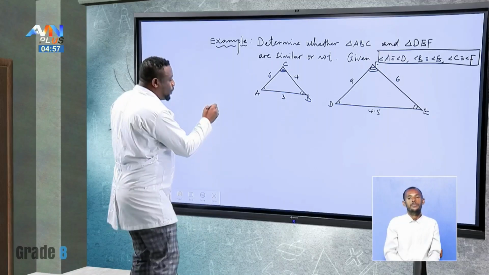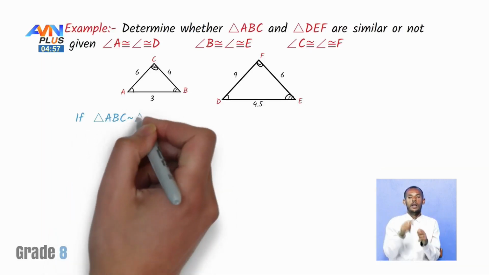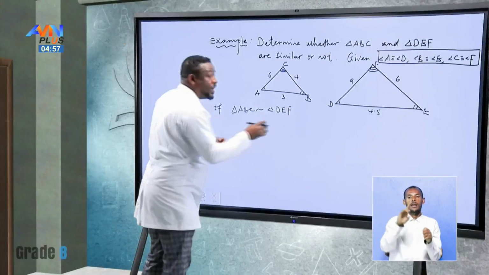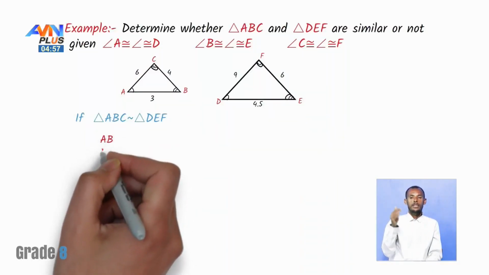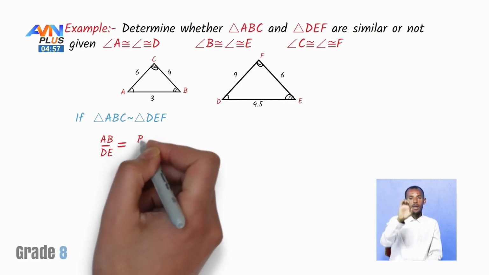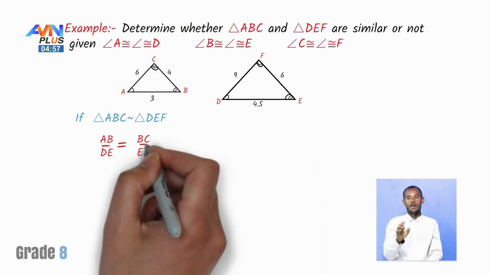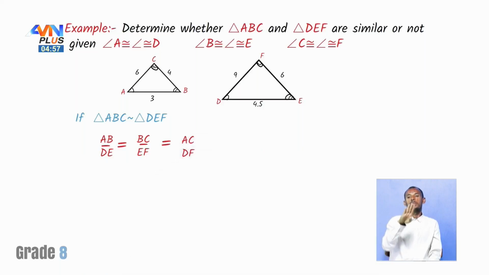If triangle ABC is similar to triangle DEF, the ratio of corresponding sides AB over DE must be the same as BC over EF, and the third ratio, AC over DF.